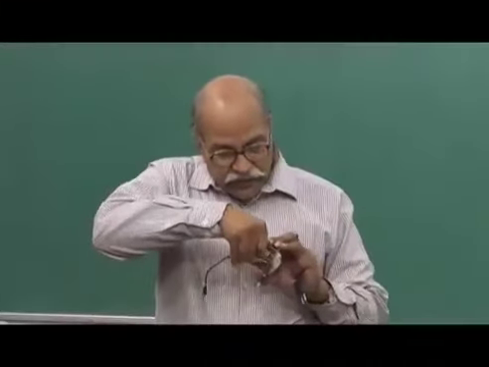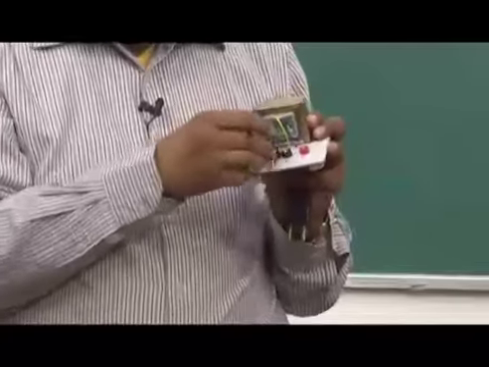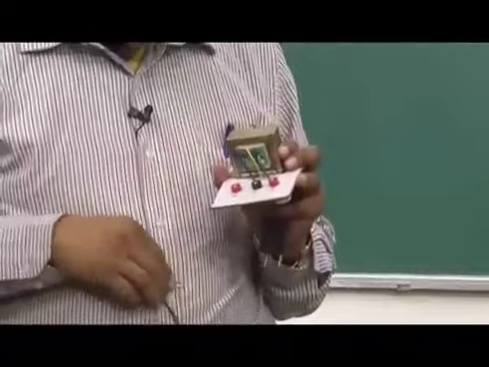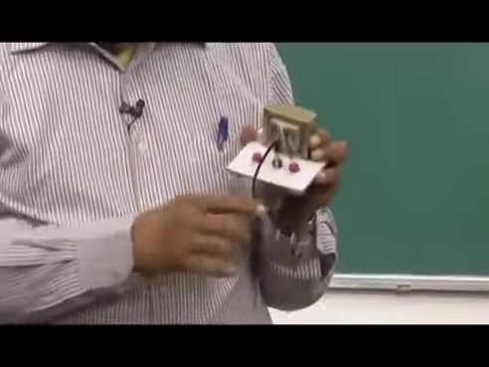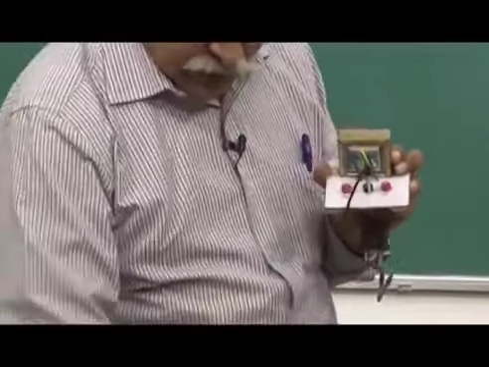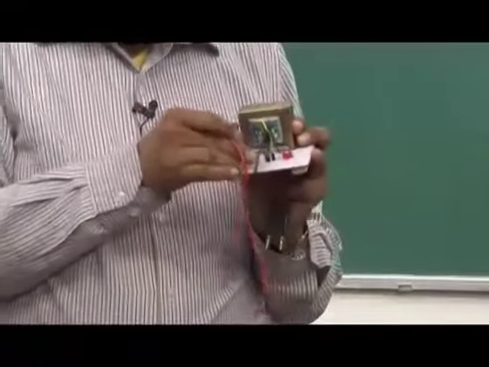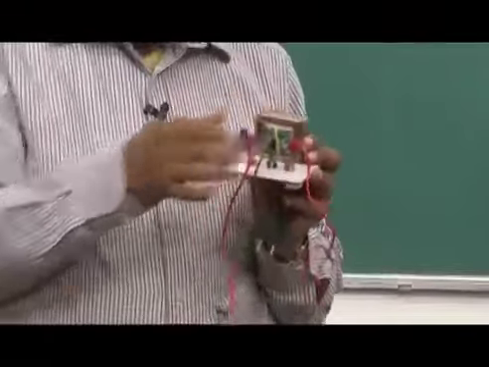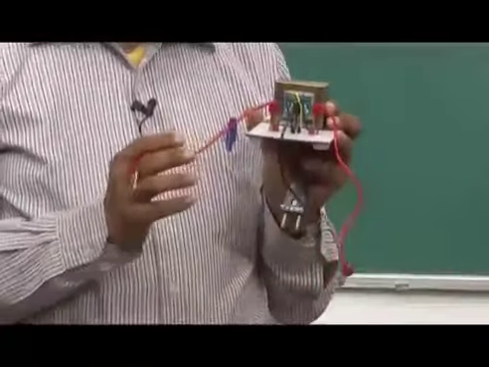If you want to connect things, connect it here, this is your V equal to 0. Then you can put more connectors, one here and one here, and then you can make your circuit.